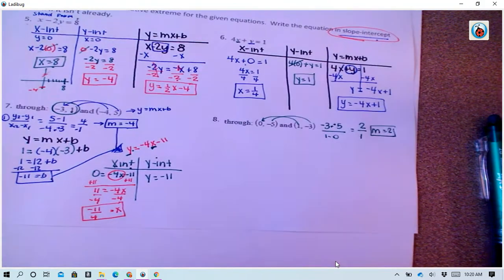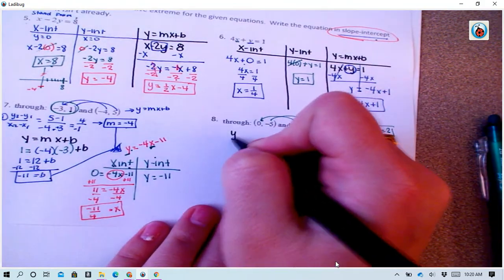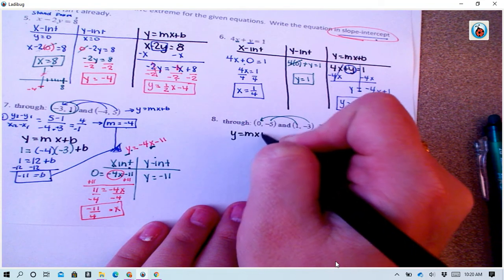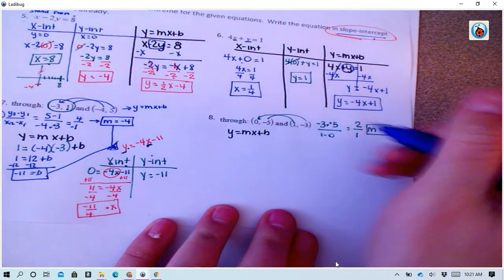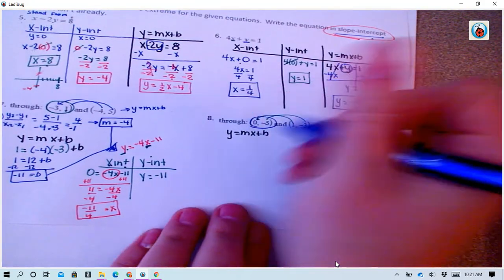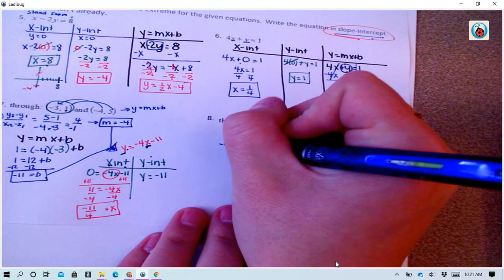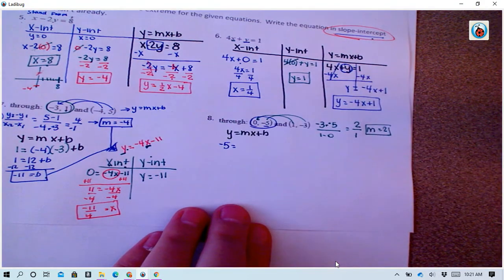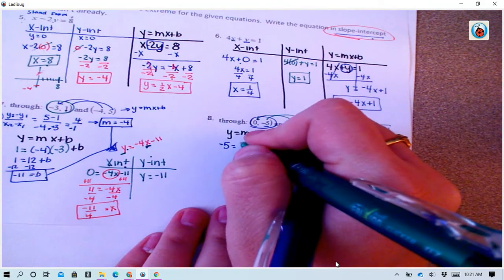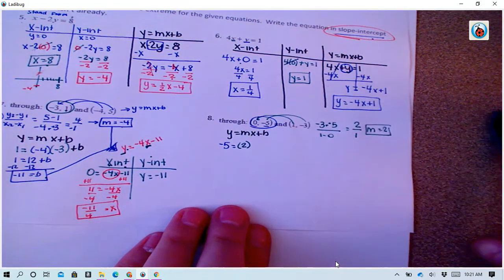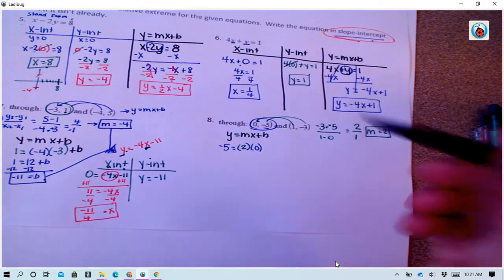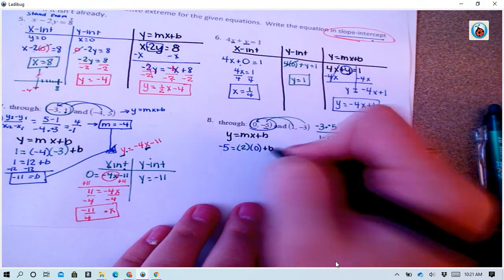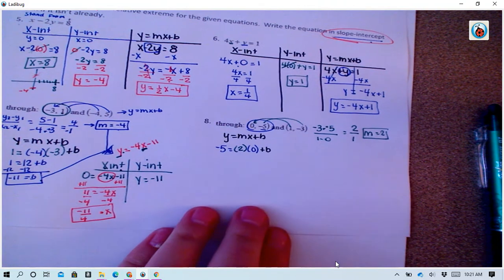So taking your slope, I'm going to take the first point and plug it into y equals mx plus b. The y value is negative 5 equals our slope is 2. The x value is 0, and we're still trying to solve for b. Let's do some math.